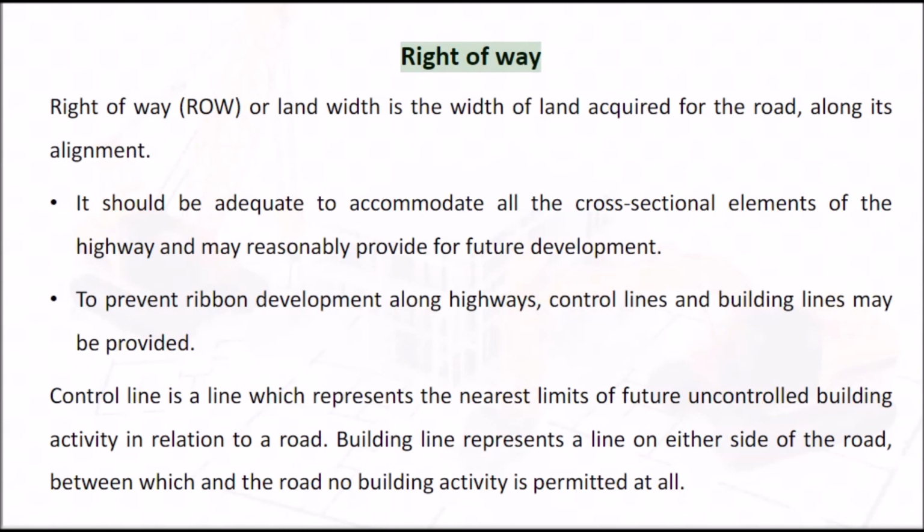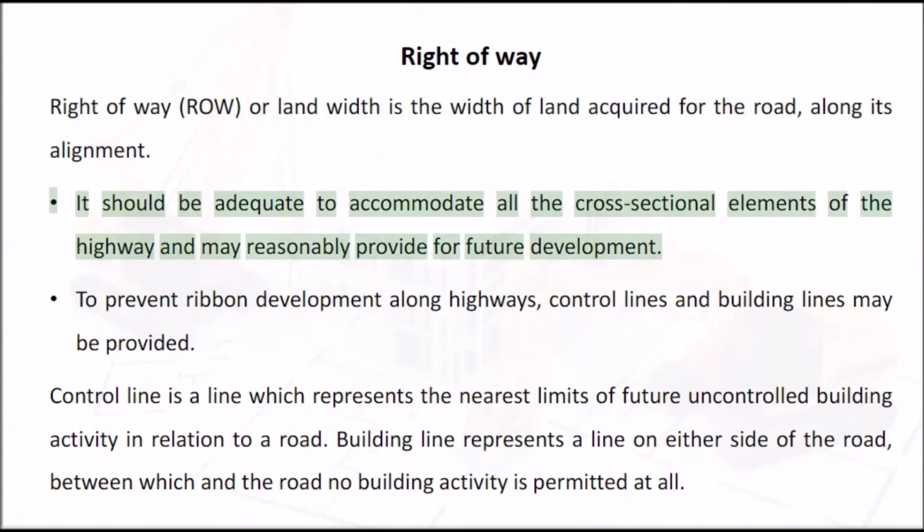Right-of-way. Right-of-way, ROW, or land width is the width of land acquired for the road, along its alignment. It should be adequate to accommodate all the cross-sectional elements of the highway and may reasonably provide for future development.